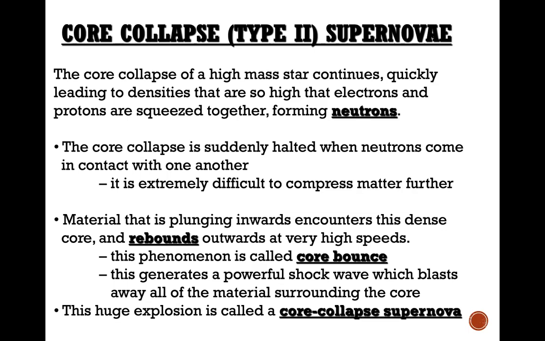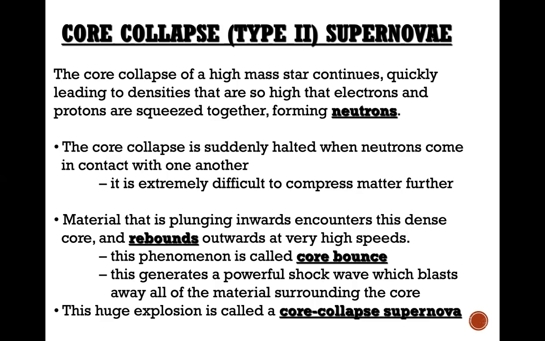The core collapse is suddenly halted, so it will stop at a particular point, and that condition is where neutrons come into contact with each other. Remember that as a result of this higher temperature, we have this photodisintegration process, which gives you electrons, protons, and neutrons.